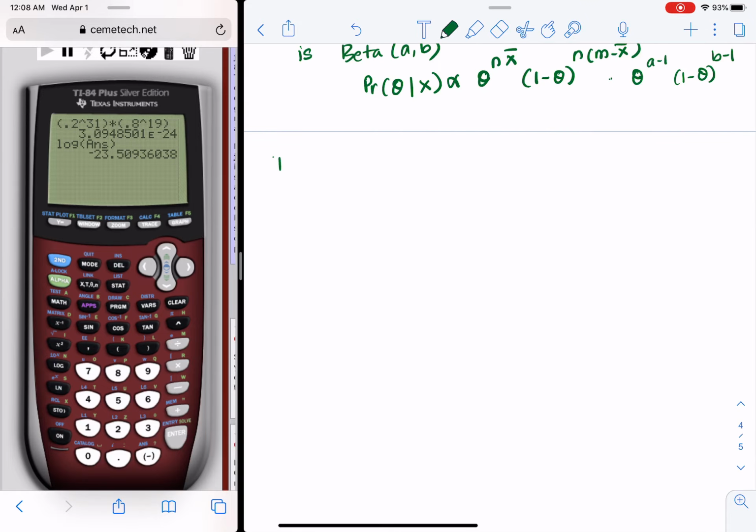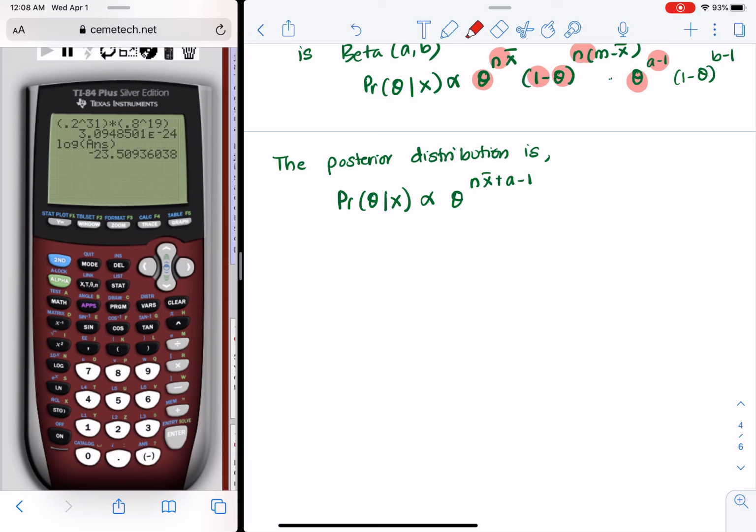So the posterior distribution is probability of theta given x proportional to theta. I'm going to combine those two terms, and I'm going to combine that term with that term.